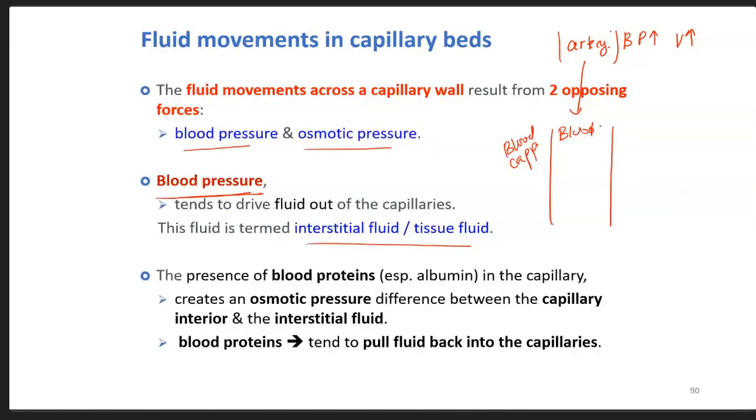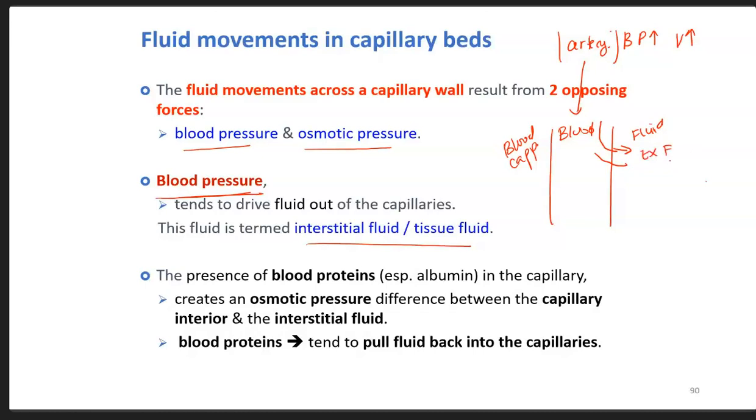This causes fluid from the blood plasma to enter into the extracellular fluid or interstitial fluid. It becomes interstitial fluid. Initially, the fluid is in the blood.